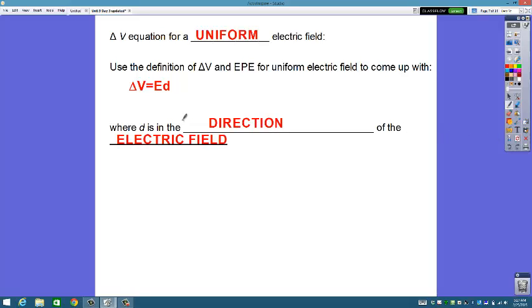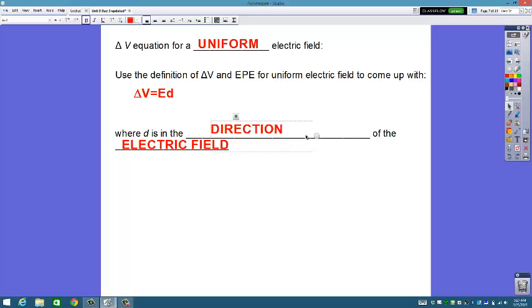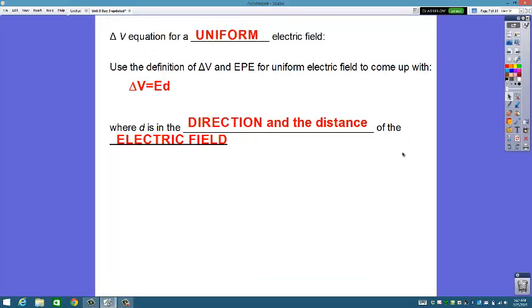D is both the direction and the distance that the charge would have traveled. With this, we have to look and see which direction it's going, because remember, some of these quantities are vectors.